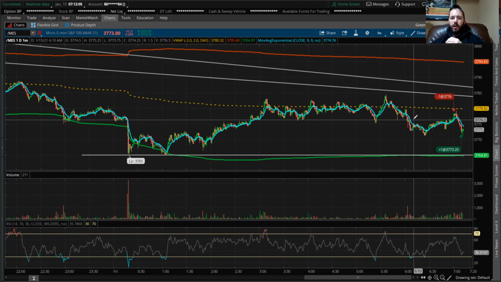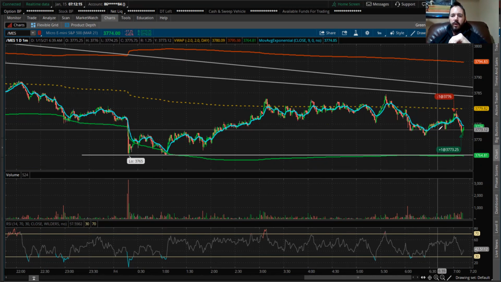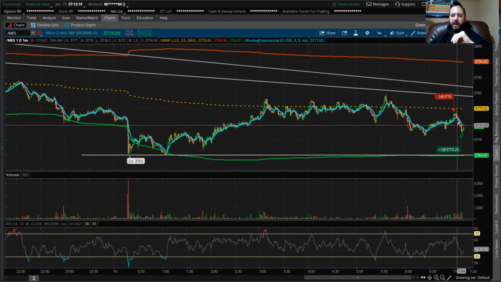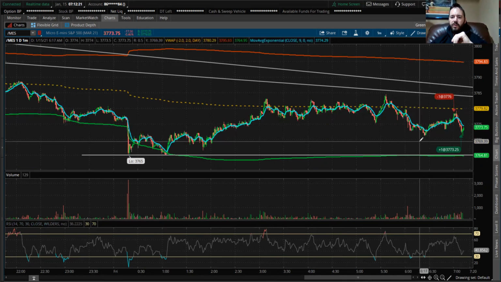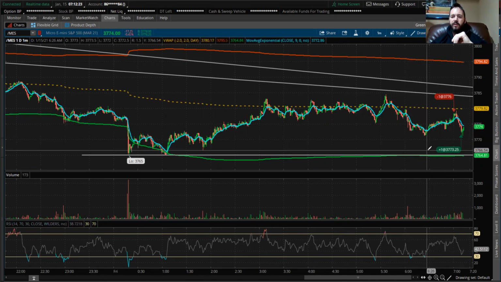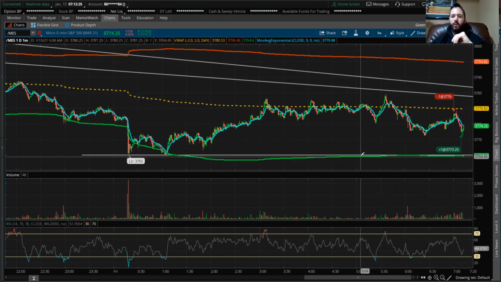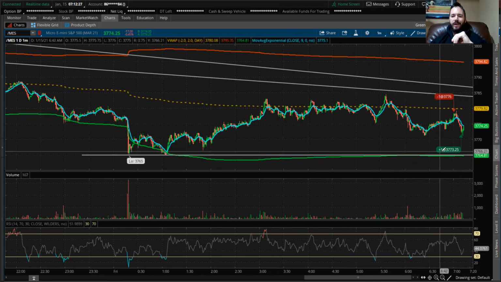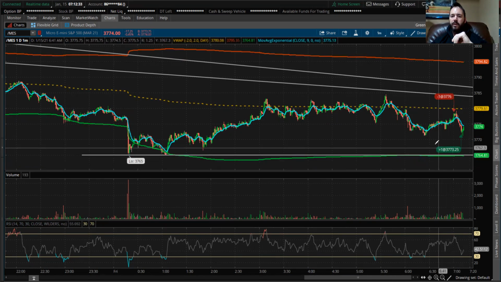So anything below VWAP, bearish zone. Anything below the VWAP line is bearish. So if you're going to take a trade long instead of shorting it like I did down here, you're going to want to take it closer to the bottom band, which is this green line. And even then, it's a little risky because it could keep going even further down.